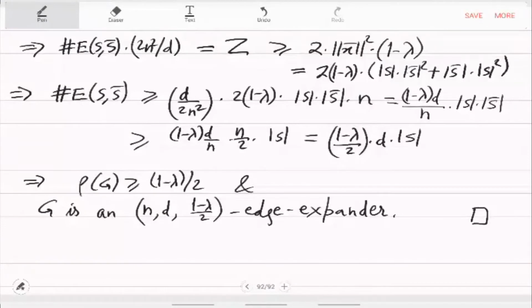That gave us the first equality, Z equal to the number of crossing edges, and then we did a different calculation on Z to get a lower bound, which turns out to be 1 minus lambda. Okay, so that is a brilliant connection. So we are 50% done. Next we will do the converse, almost converse, proof of theorem 2.